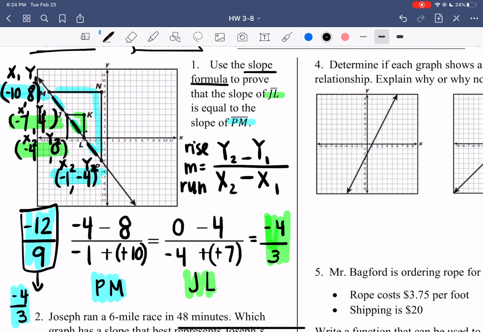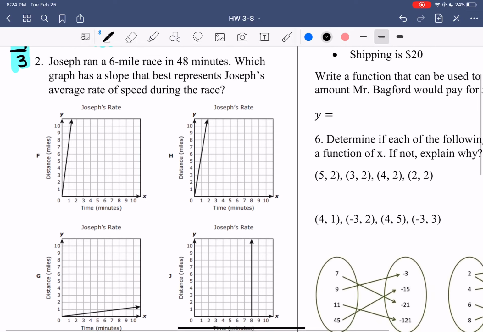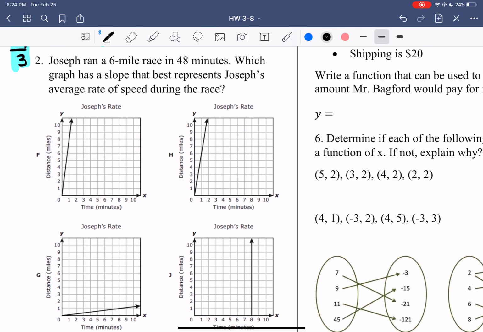Okay. So this one says, Joseph ran a 6-mile race in 48 minutes. Which graph has a slope that best represents Joseph's average rate of speed during the race? So we have distance in miles as y, and time in minutes as x. So we have miles over time, because it's always y divided by x.